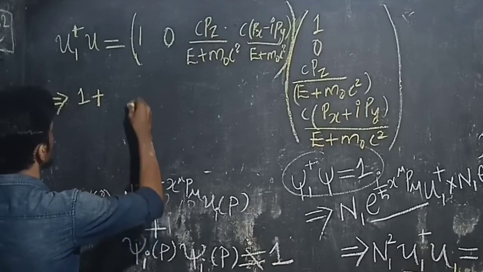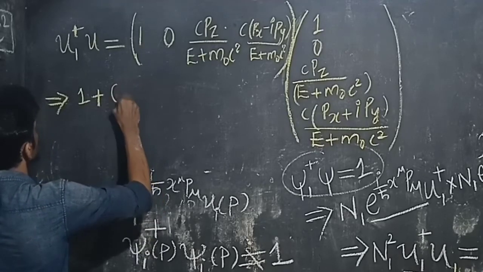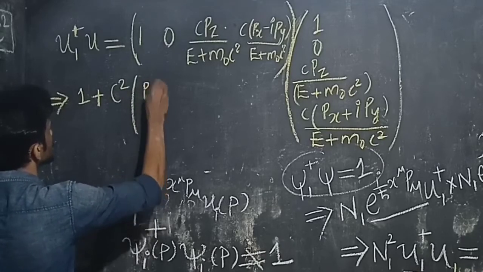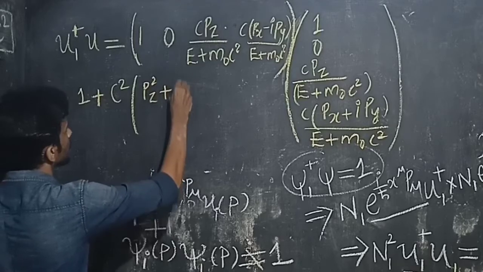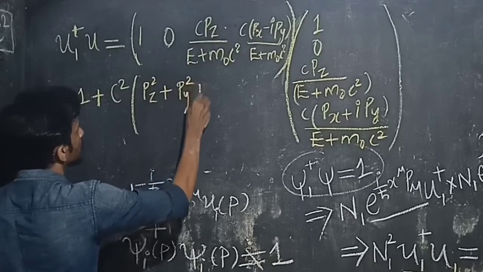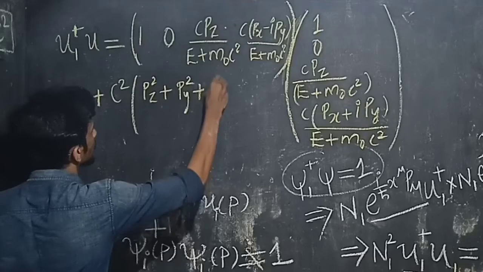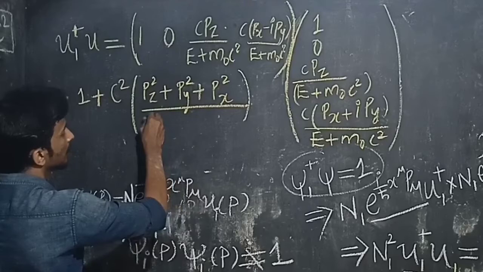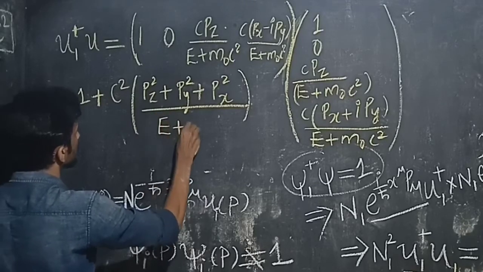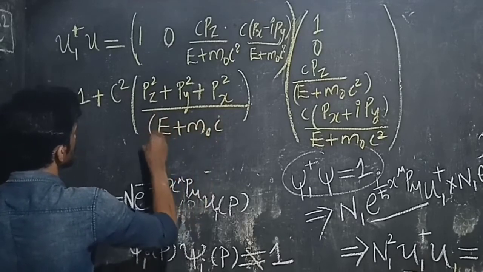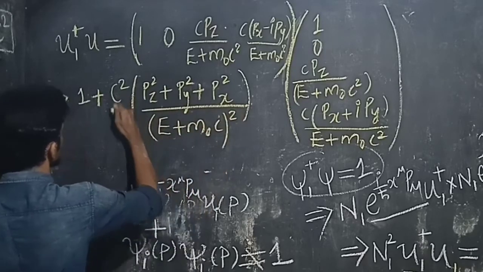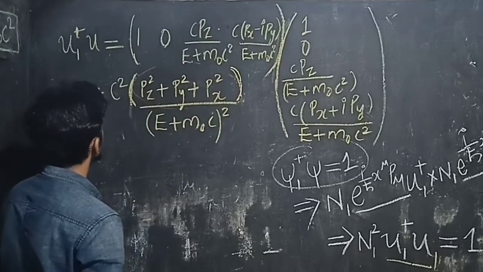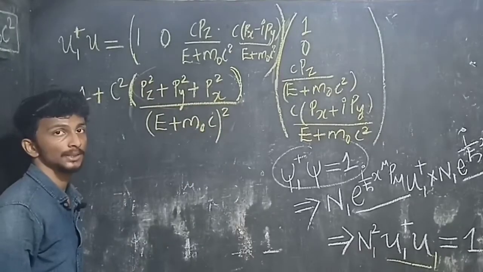So from this we can write c square times pz square plus py square plus px square over E plus m naught c square whole square. This is actually the square of the magnitude of the three-dimensional momentum.